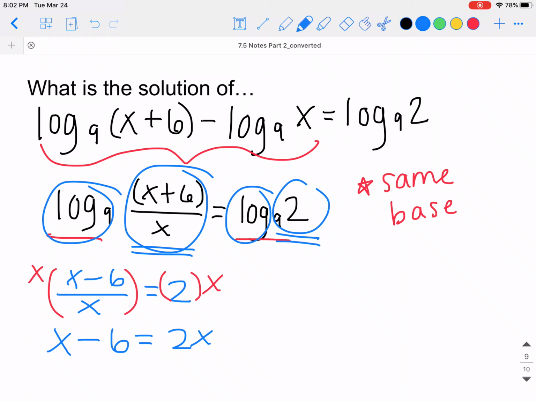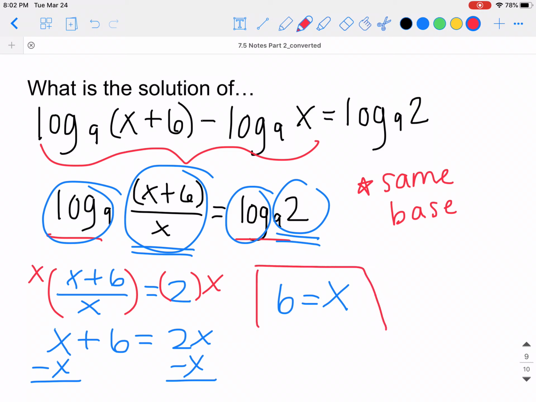So x plus 6, and this becomes plus 6. So we're finishing with x plus 6 equals 2x. Last step to solve for x, we're going to subtract x from both sides. And we get 6 equals x as our final answer.